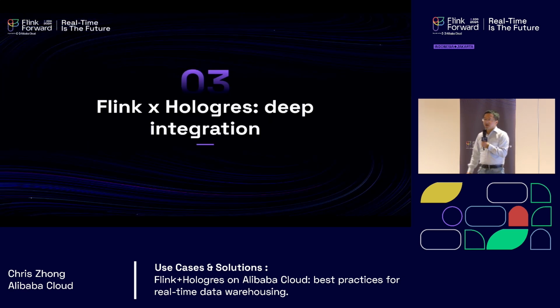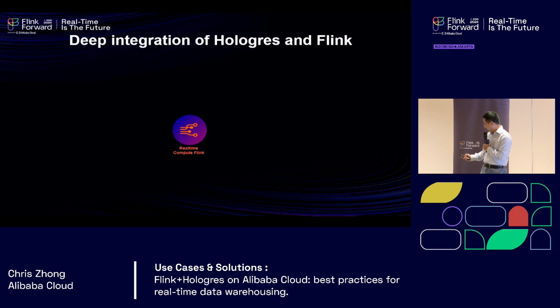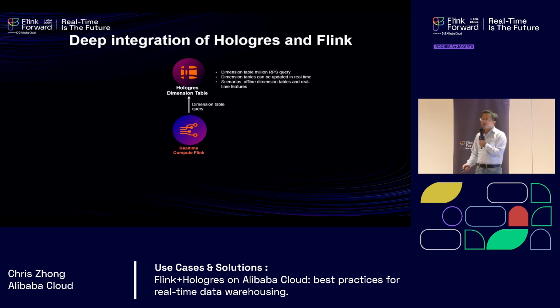After the introduction of our cloud-native real-time data warehouse Hologres, let's see how to build a streaming house with Flink and Hologres. Let's first have a look at the integration between Flink and Hologres. First, Hologres can be used as the dimension table of Flink, and it provides high performance data reads.